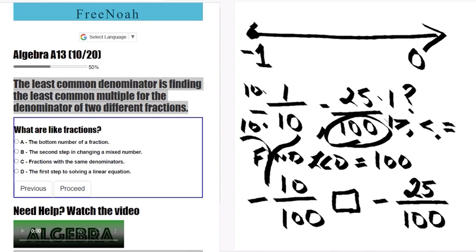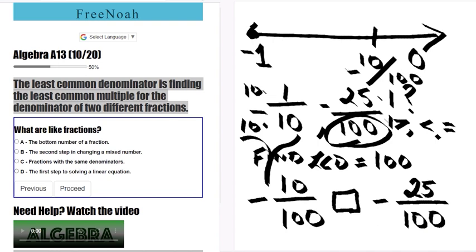Now here, since the number line goes from least to greatest, from left to right, we can plot here a -10 over 100. Okay, -10 over 100.